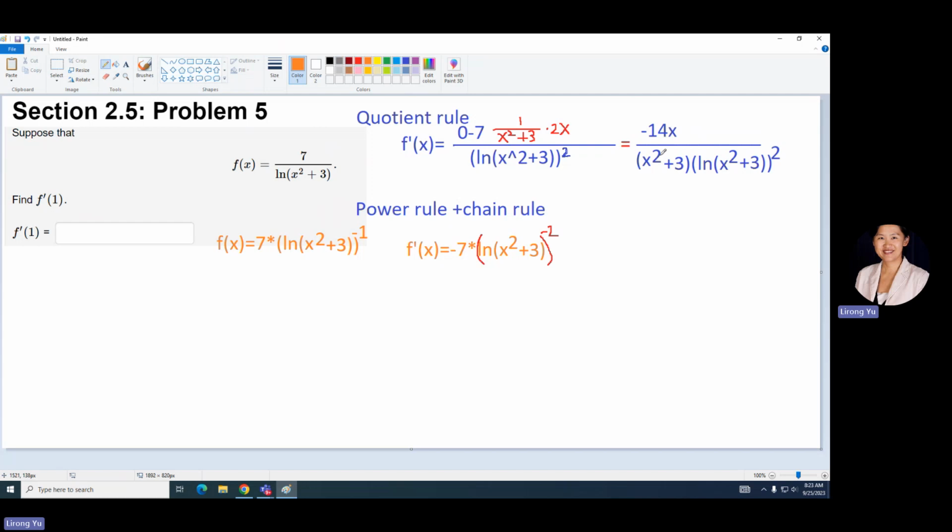So far that finishes applying power rule, because on the outside the power is -1, so we move the -1, multiply by 7, and then -1 minus 1 is -2. That's the whole process of applying power rule.